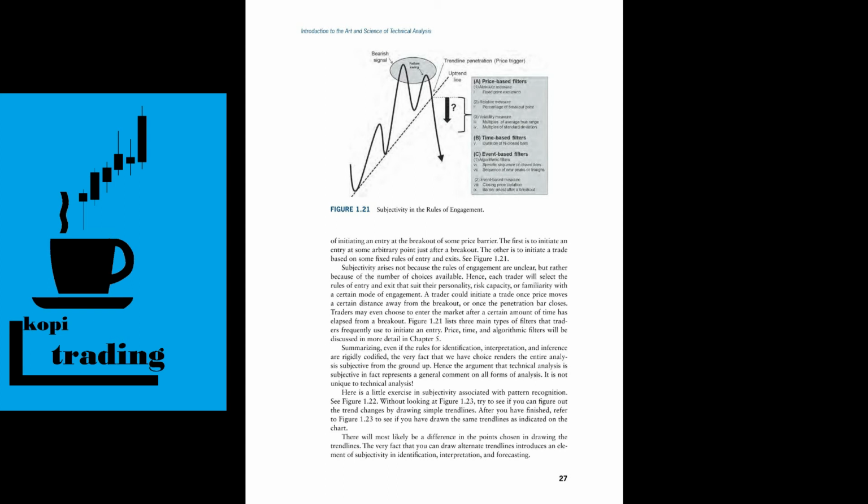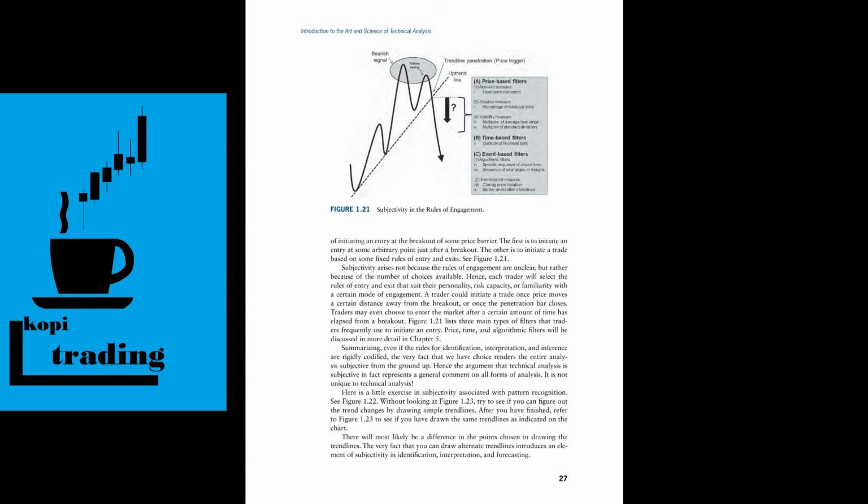See Figure 1.21. Subjectivity arises not because the rules of engagement are unclear, but rather because of the number of choices available. Hence, each trader will select the rules of entry and exit that suit their personality, risk capacity, or familiarity with a certain mode of engagement.